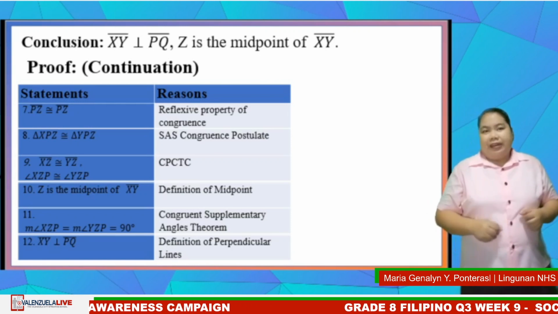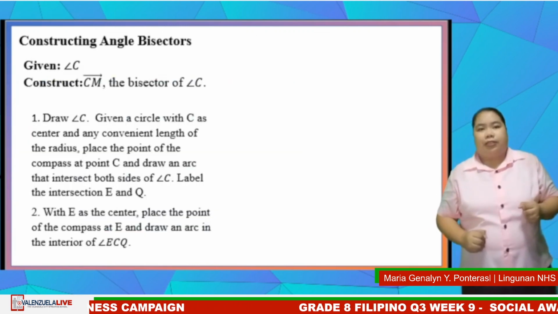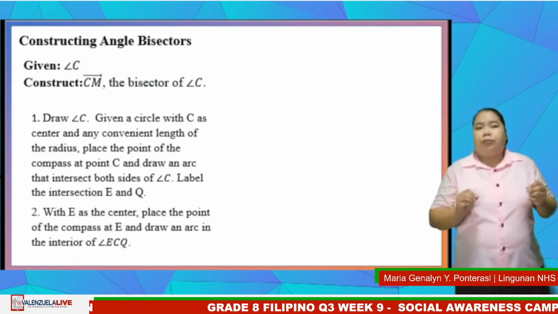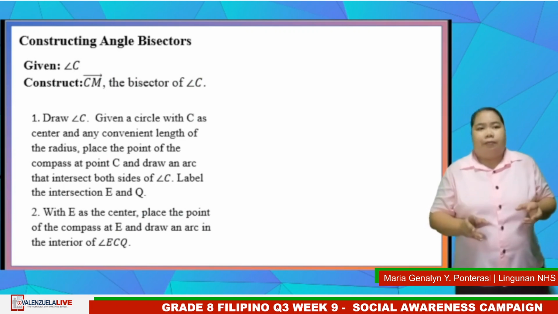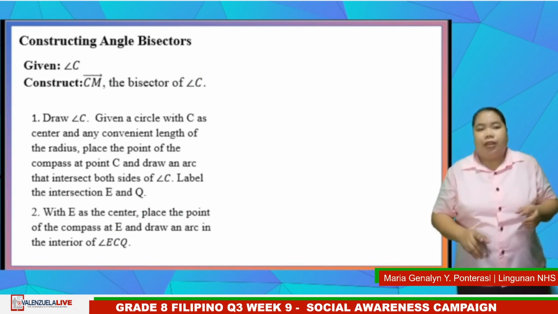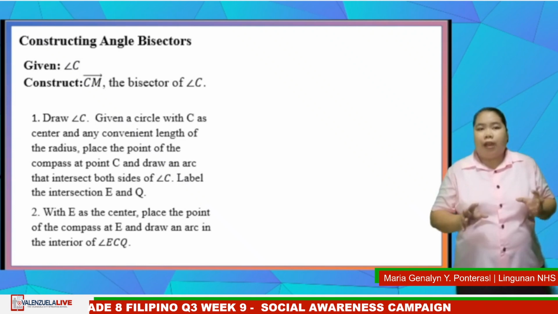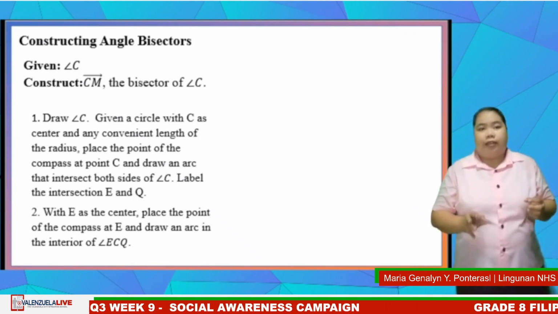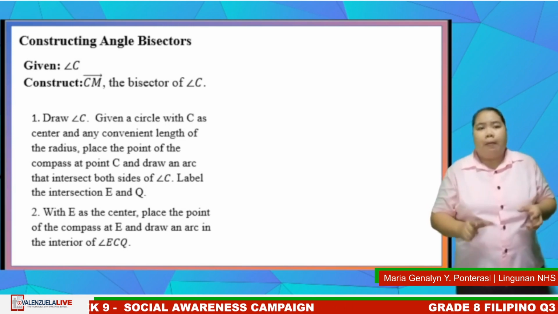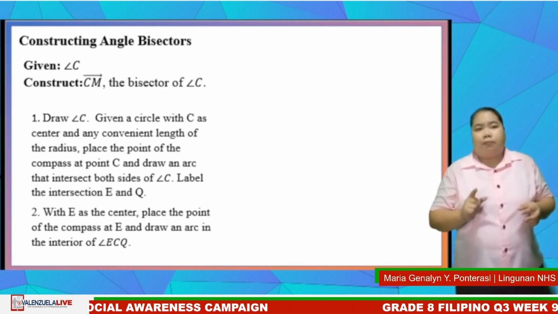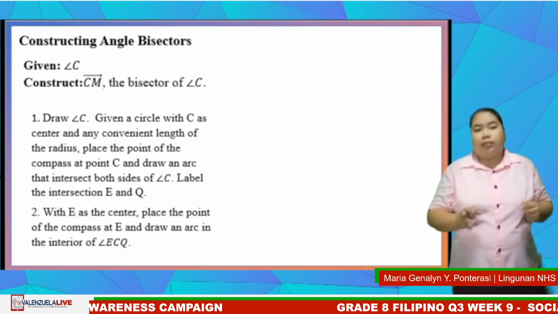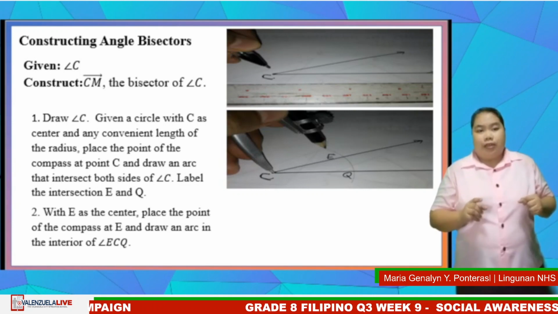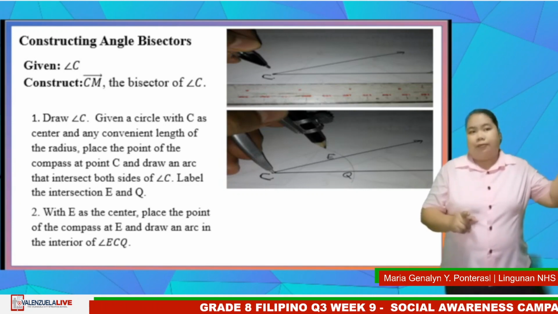Now, let us construct angle bisectors. So we have here the given angle C, and we're going to construct ray CM, the bisector of angle C. So the first step is draw angle C. Given a circle with C as center and any convenient length of the radius, place the point of the compass at point C and draw an arc that intersects both sides of angle C. Label the intersections E and Q, as you can see in our figure.